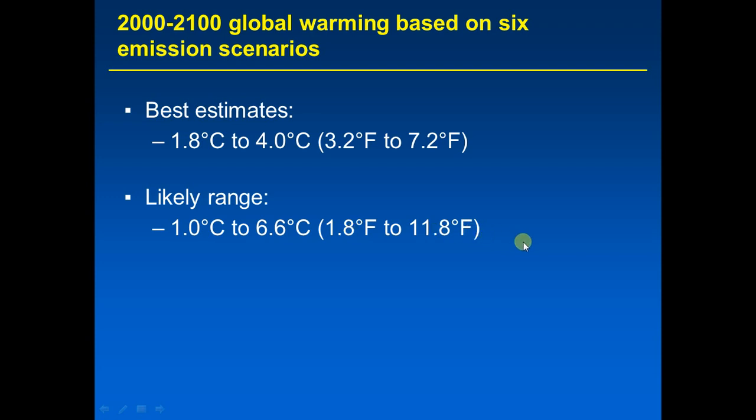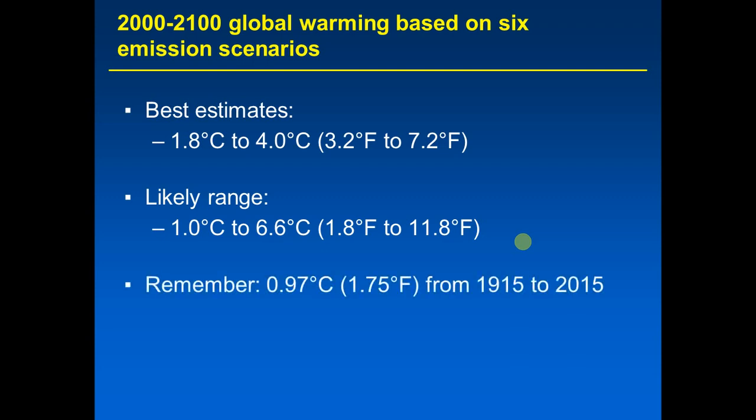For some perspective on these temperature increases, remember, global average surface temperature went up 0.97 Celsius, 1.75 Fahrenheit from 1915 to 2015.